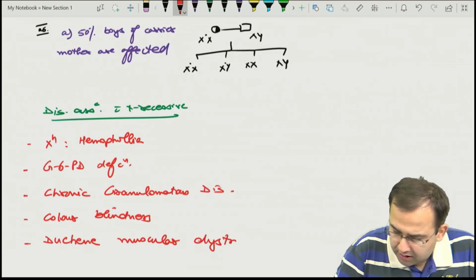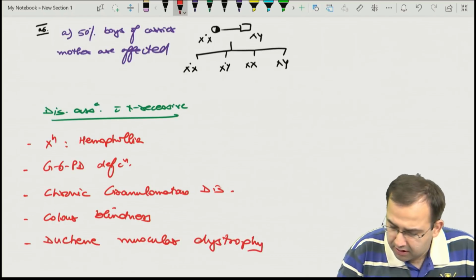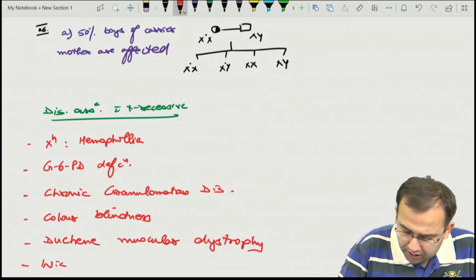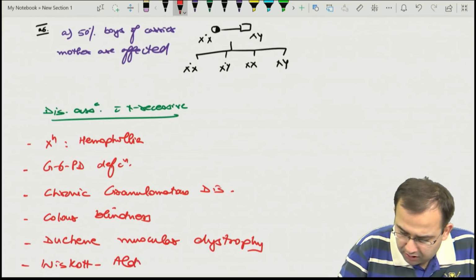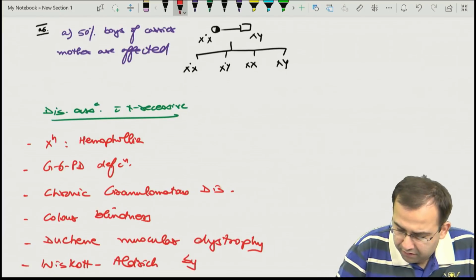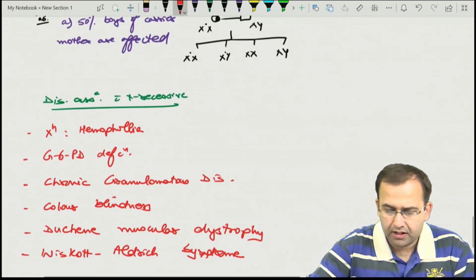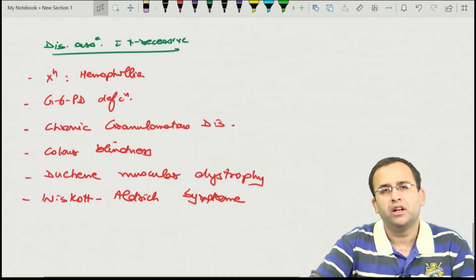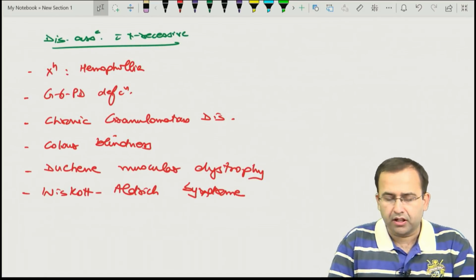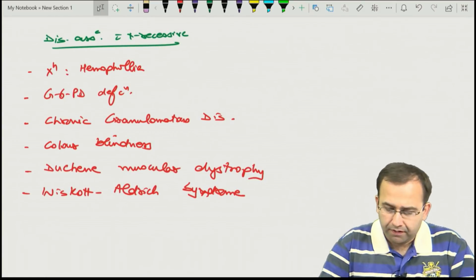And the last is Wiskott-Aldrich syndrome. These are the diseases associated with X-linked recessive inheritance. They have to be remembered.